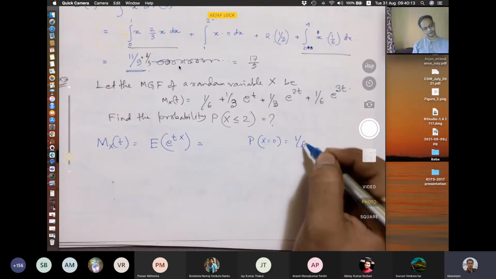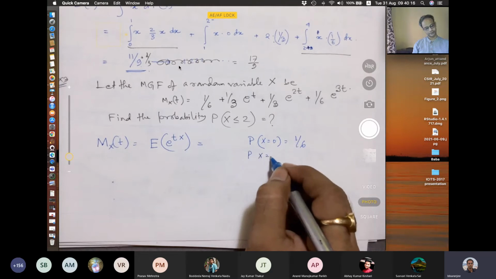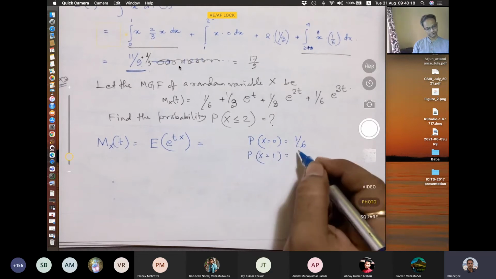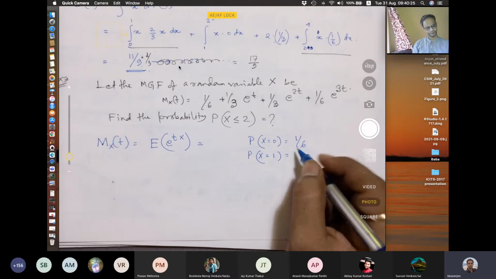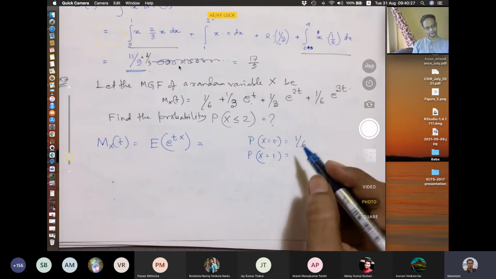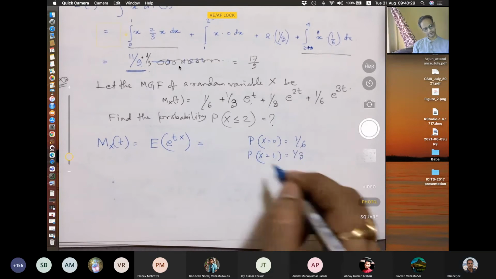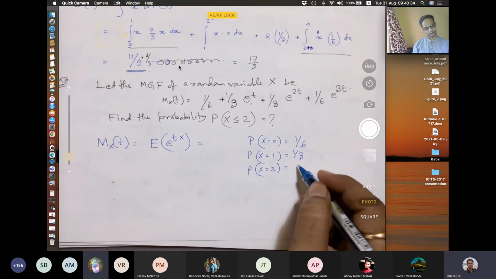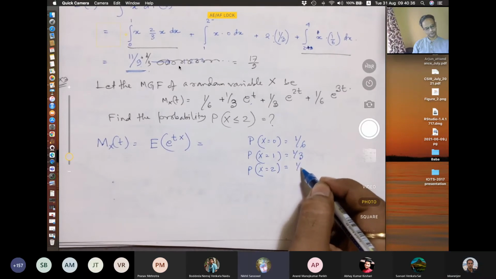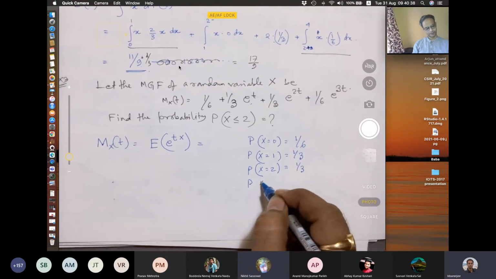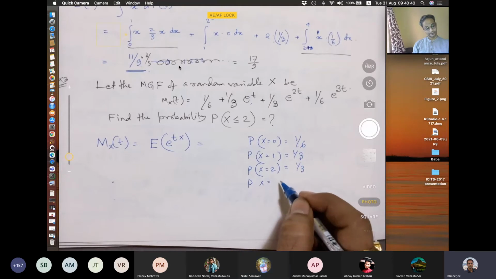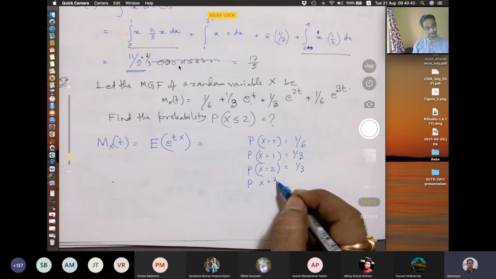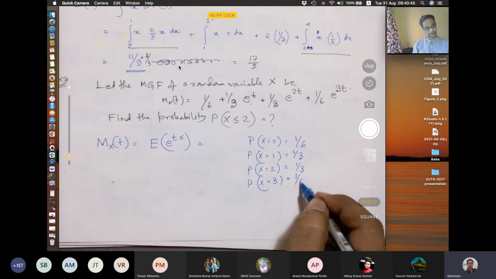Probability X equals 1, how much? 1 by 3. Probability X equals 2, how much? 1 by 3. Probability X equals 3 is 1 by 6.